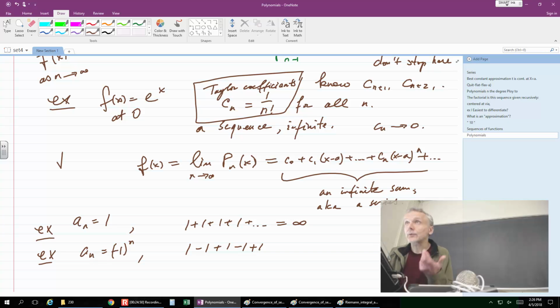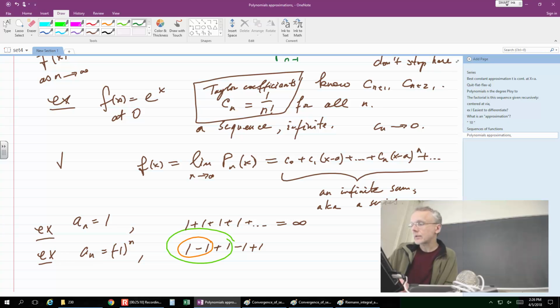Yeah, and so what's the conclusion? Well, we could try to go back and look at it like this. This is the sequence that we are looking at.